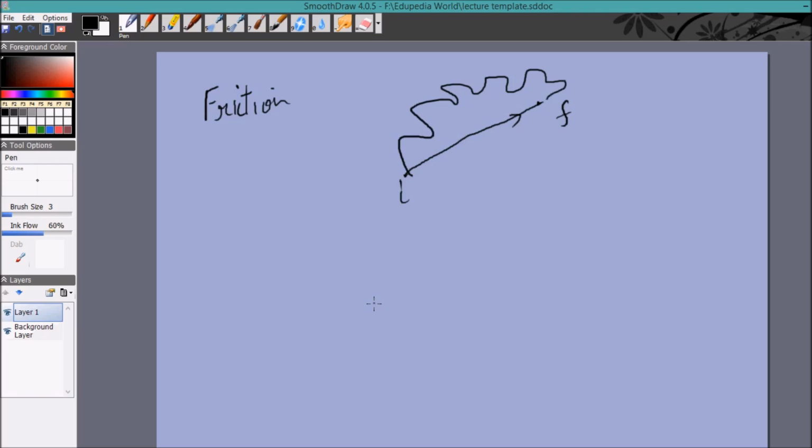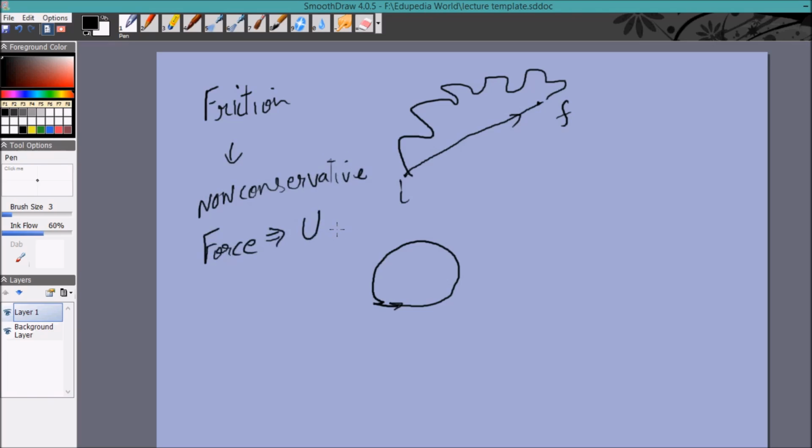And if I push an object and it moves along a circle and comes back, its speed is going to be less than the speed with which I pushed it, because friction will reduce the speed. So the work done by friction in a round trip is not zero. So friction is an example of a non-conservative force, and you will never ever hear the term potential energy of friction.